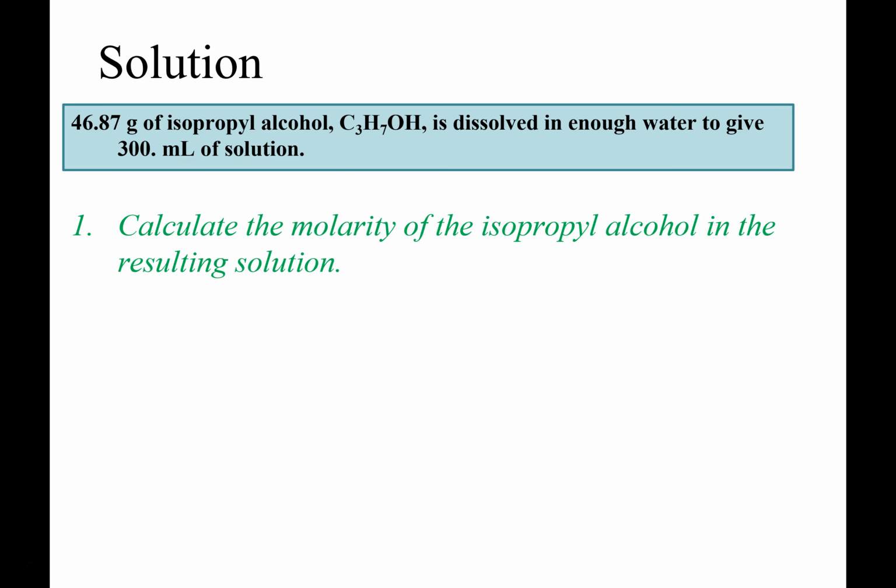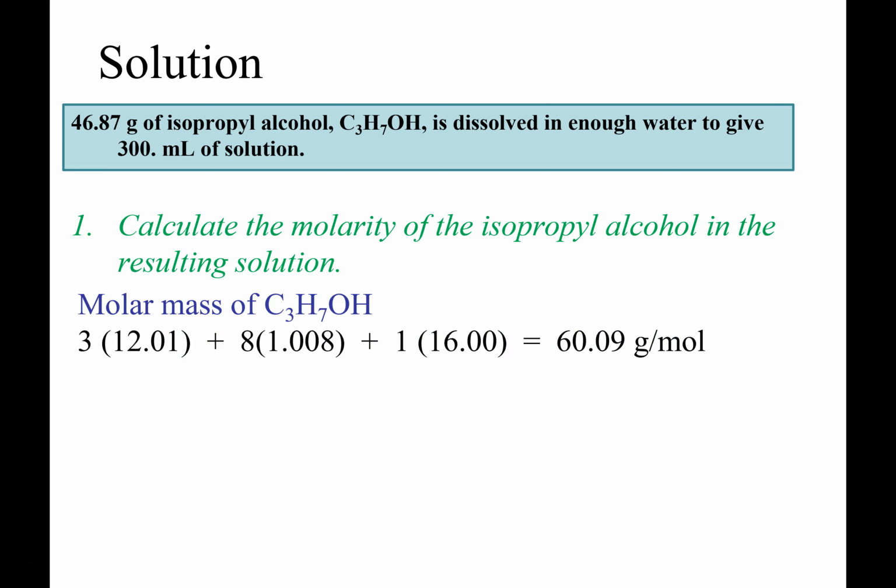So for the first one, we need to come up with the molar mass of isopropyl alcohol. That would be 3 times the decimal number for carbon, 12.01, plus 8 times the decimal number for hydrogen, because we have 7 hydrogens here and 1 hydrogen here. So that's 8 times 1.008.